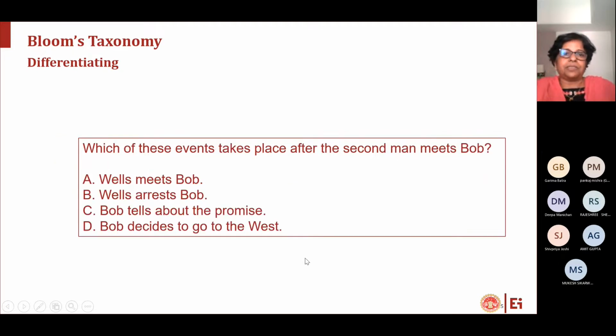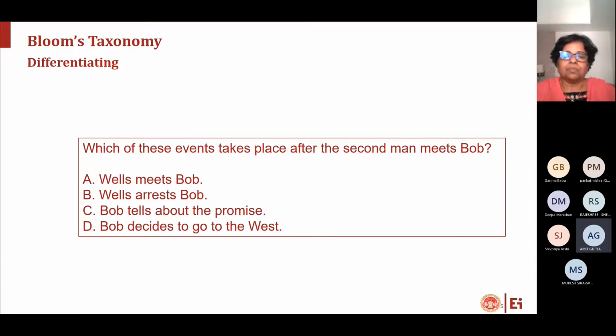Okay, the next question. Amit sir, can you read this please? Thank you. Which of these events take place after the second man meets Bob? Option A, Bell meets Bob. Option B, Bell arrests Bob.